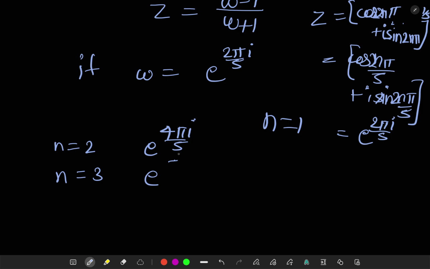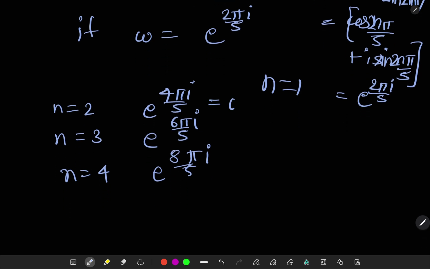So for n equals to 2, one root become e raised to power 4 iota by 5, and for n equals to 3, one root become 6 pi by 5 iota, and for n equals to 4, one root become 8 pi by 5 iota, sorry 16, so this is 8.